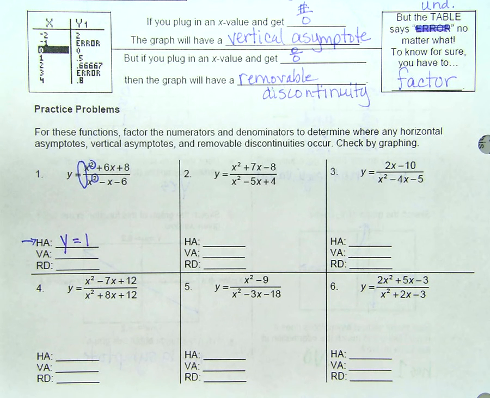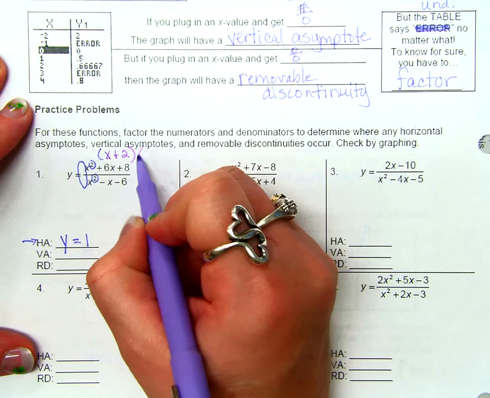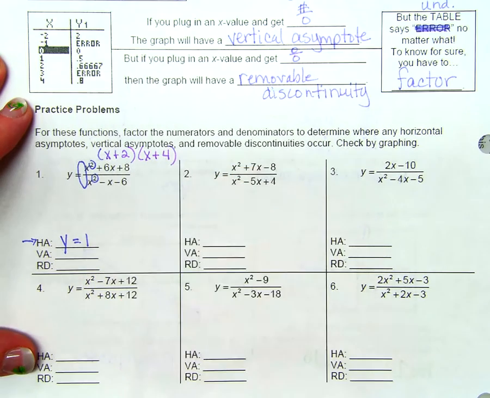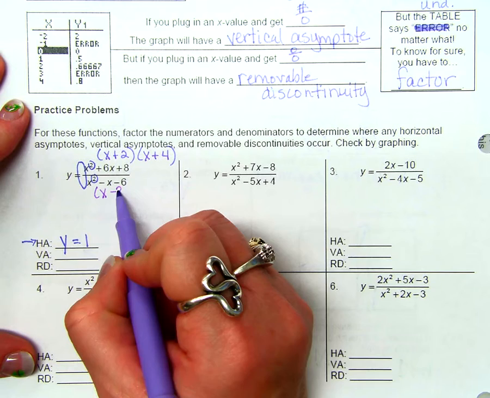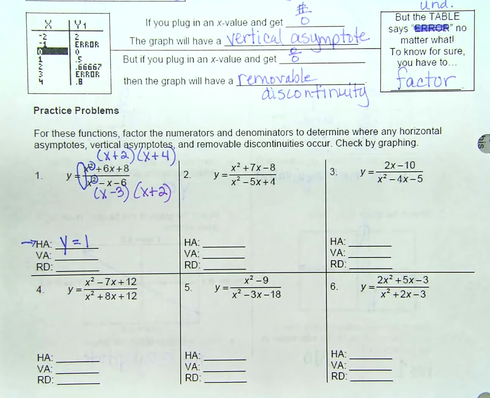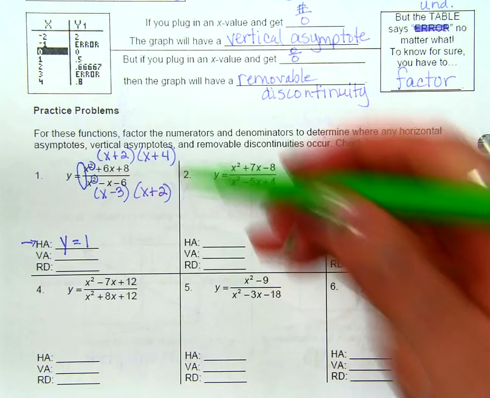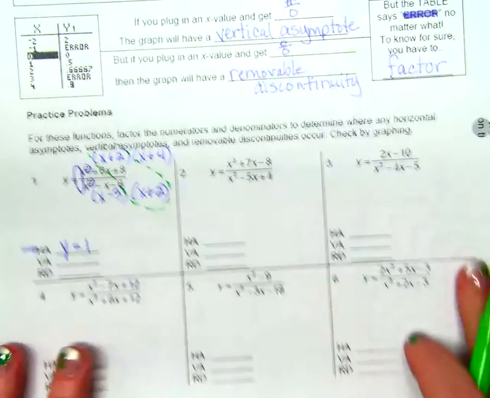Now I factor. Vertical asymptotes and the removable discontinuities will show up after I factor. Okay? So I'm going to factor the numerator, and I'm going to get x plus 2 and x plus 4. I'm going to factor the denominator and get x minus 3, x plus 2. So what do you notice about these two?